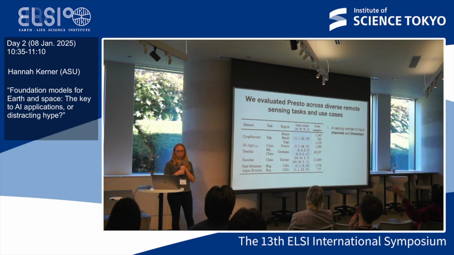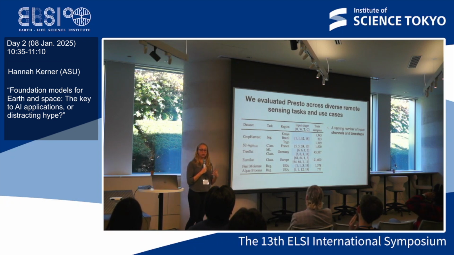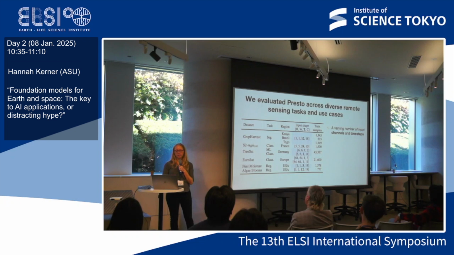And then when we go to test how well this model works for lots of different tasks, we tested it on several different downstream tasks in agriculture, tree species classification, land cover mapping, wildfire fuel moisture estimation, algae bloom regression, that all have a different shape of the data, different number of time steps and sensors available, different number of training examples available for that fine-tuning to the specific task, different types of tasks like classification, regression, segmentation, and in many different places in the world.